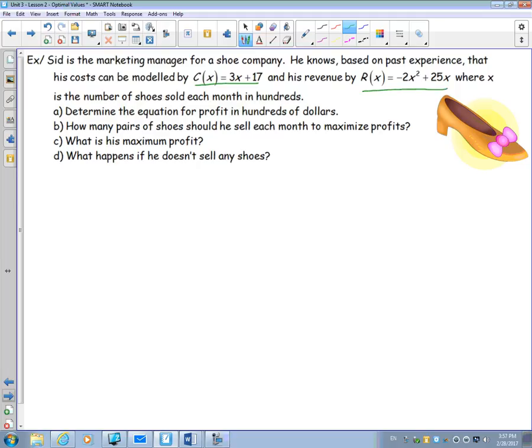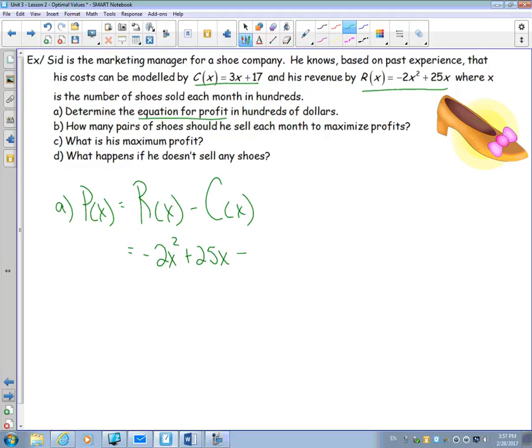We want to figure out, what do we want to figure out here? The equation for profit. How do we find profit? Profit is made up of how much money we bring in minus how much it costs us to do things. So we can create an equation for that. Just be careful with our signs here. So our revenue is that equation minus my costs.